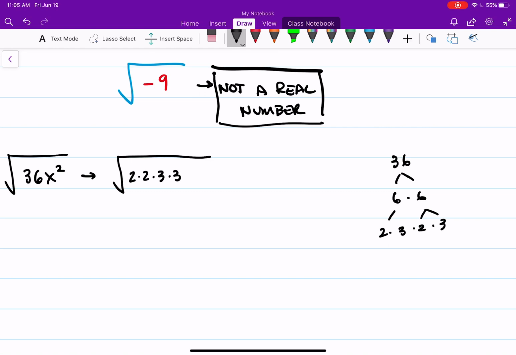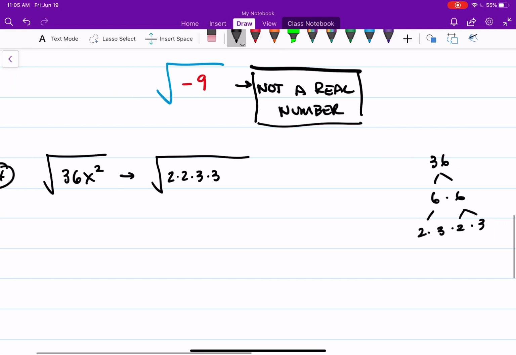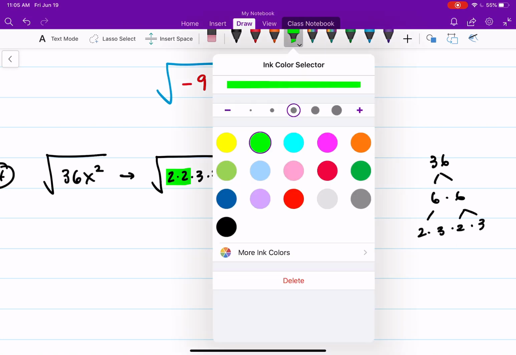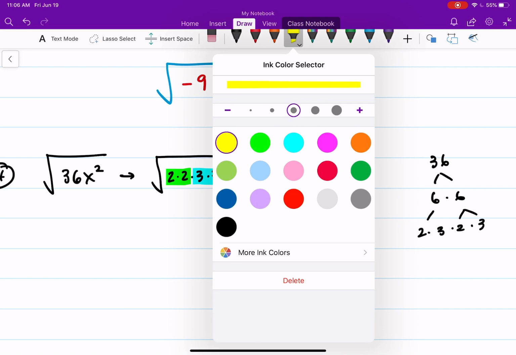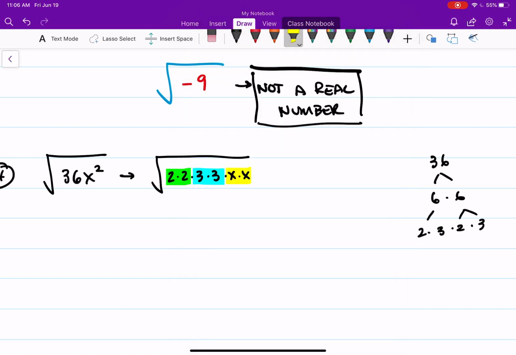So it's 2 times 2 times 3 times 3. And then x squared is going to be x times x. So what do I have? I have a pair of 2's, a pair of 3's, and a pair of x's. So I have 3 groups that can come out to play, and nobody's left inside the house.